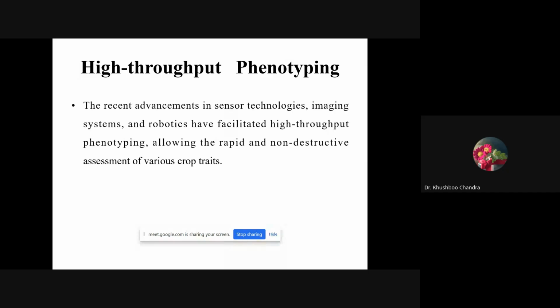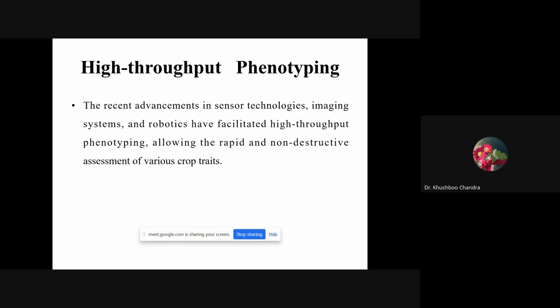When we want to go for advanced breeding approaches, there is high throughput phenotyping, where we are not going to the field, going through morphological traits and choosing the material.